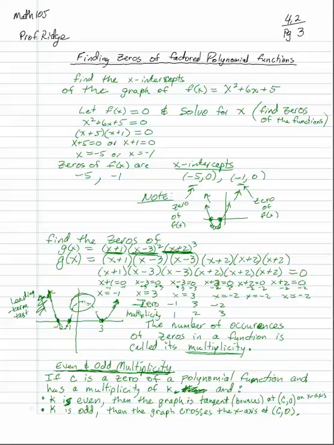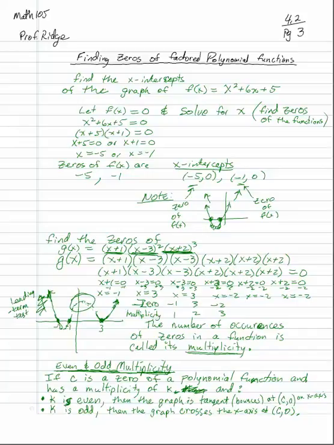If k is even, then the graph is tangent, and I like to say bounces, at c on the x-axis. So at 3, since there was an even multiplicity, it bounced. It can bounce from the top or from the bottom, so you have to keep track of where you are, and I'll show you in a little bit.